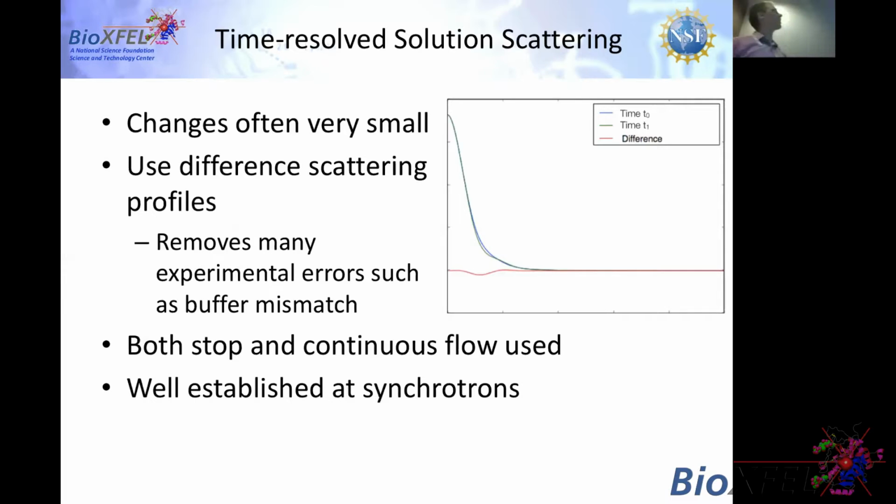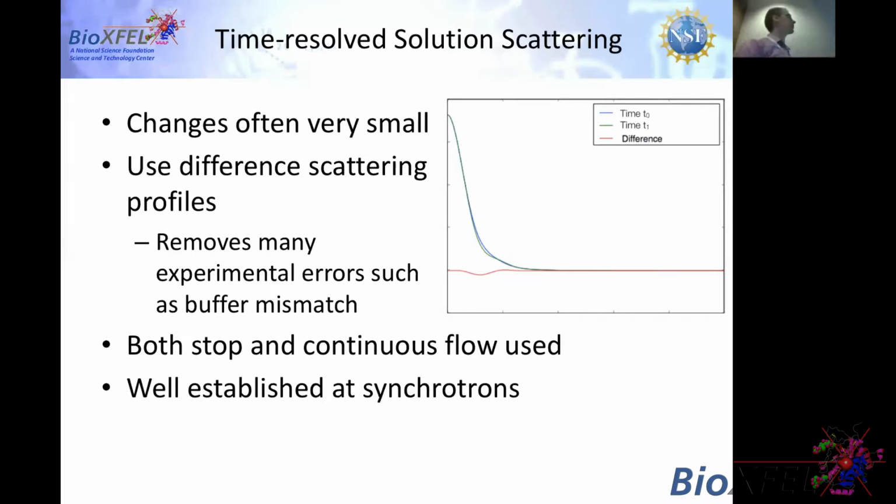Okay, so one of the things about time-resolved solution scattering is the differences are usually extraordinarily small. Unless you're doing large conformational changes, you usually analyze difference scattering profiles. You can see that the blue and the green overlap almost identically, but there are small changes when you look at the difference. This also gets rid of a lot of experimental errors, such as buffer mismatch.